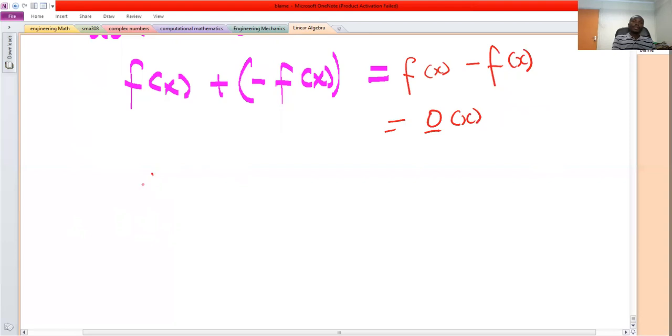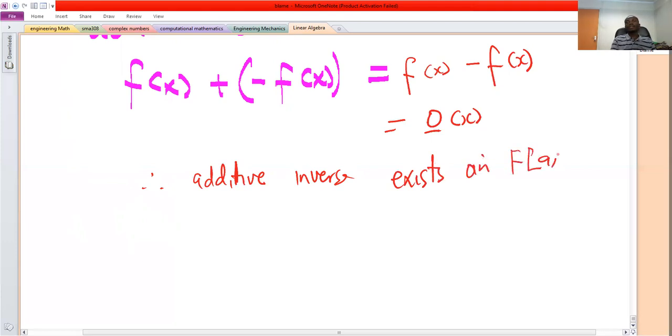Therefore, the additive inverse exists on this set F.